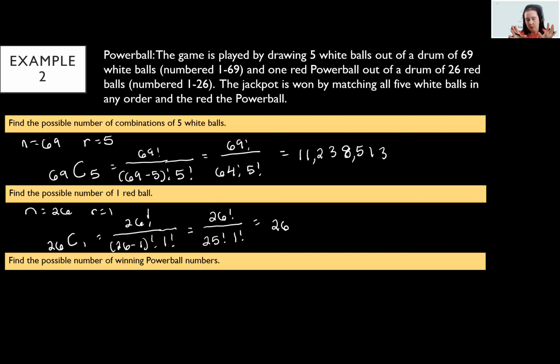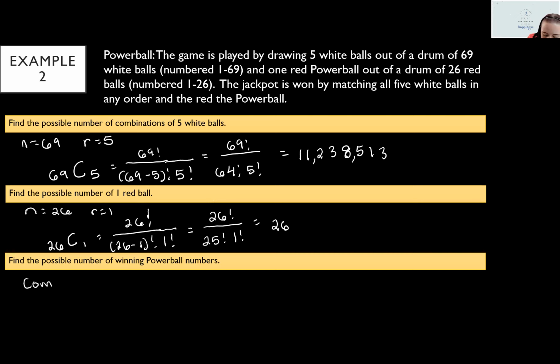So for Powerball numbers, you have to match the white and the red. This is actually going back to the counting principle. The counting principle is when you're multiplying your possibilities together to get a total number, when you've got different events occurring at the same time.